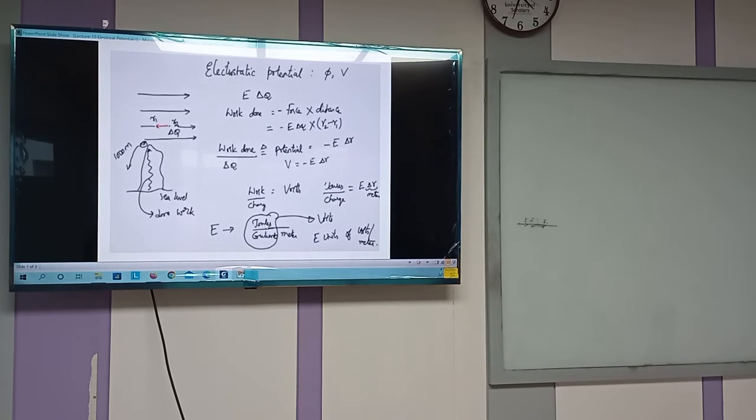So your electric field should be joule per coulomb meter, okay? Joule per coulomb is known as volts. So basically the electric field can be written as volt per meter.